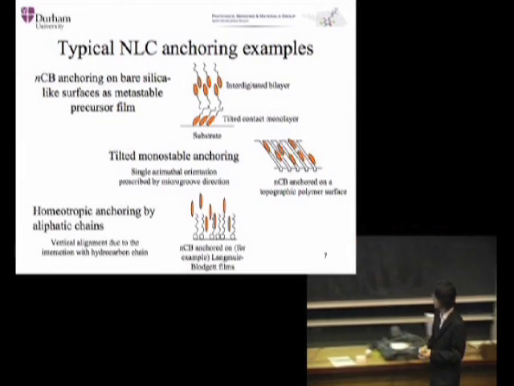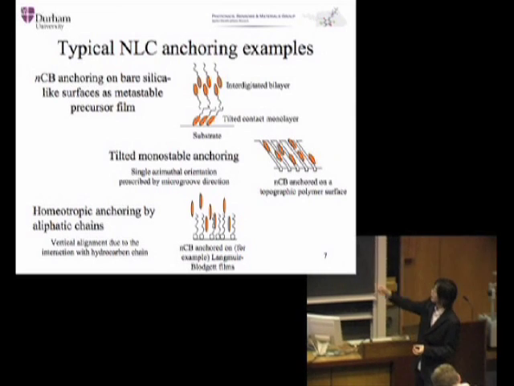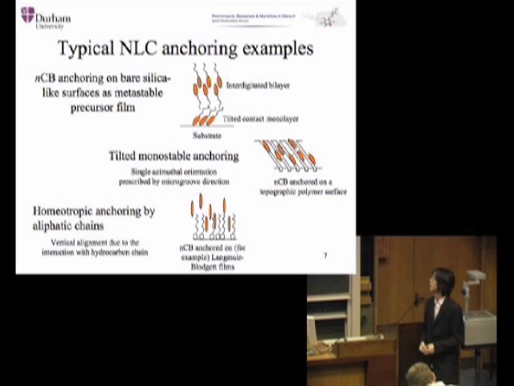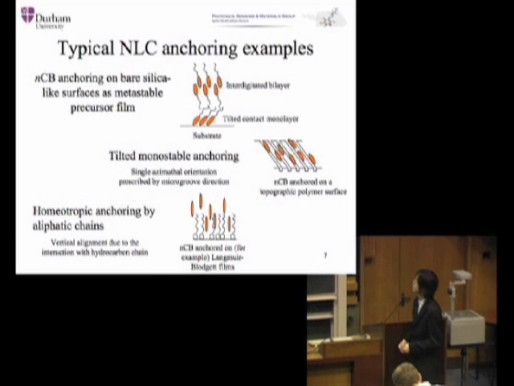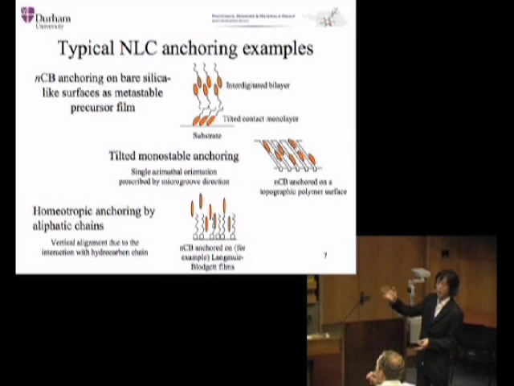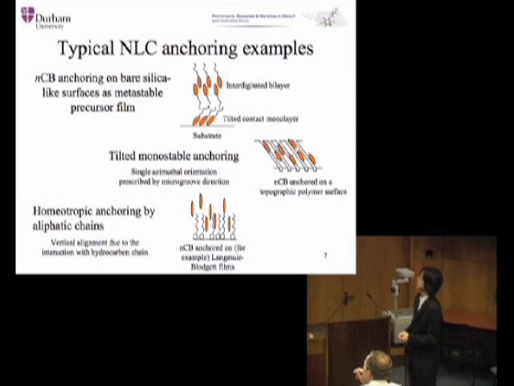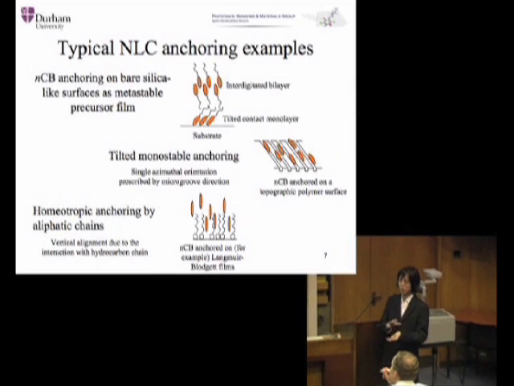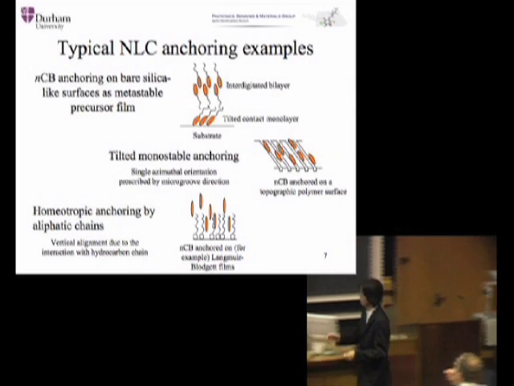And in another case, we could have a homeotropic anchoring on aliphatic chains. One example is the NCB molecules anchoring on these nonvoltage films. We see a vertical alignment of molecules, and this is because of the interactions between molecules and the hydrocarbon chains.